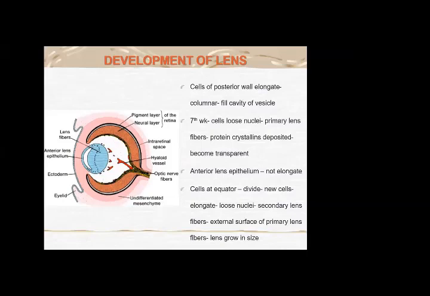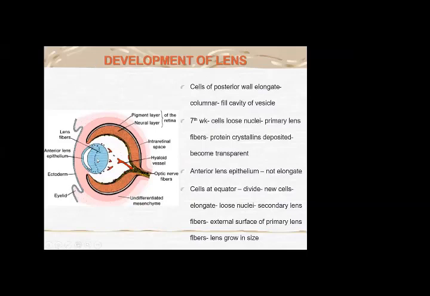Until now you can see the nuclei present over here. But then by the 7th week, these cells lose their nuclei. When any cell loses its nuclei, it loses its ability to multiply. So now the cell cannot multiply.